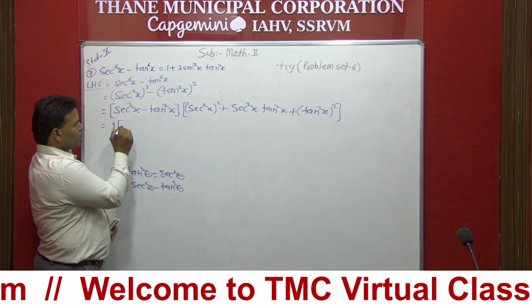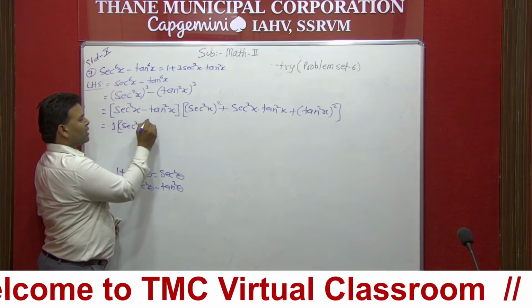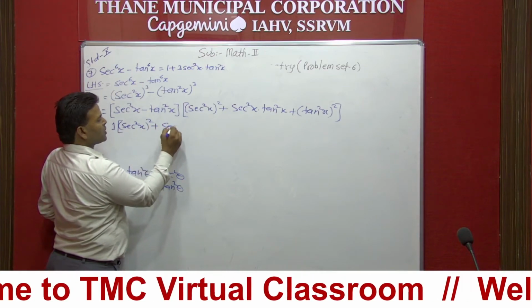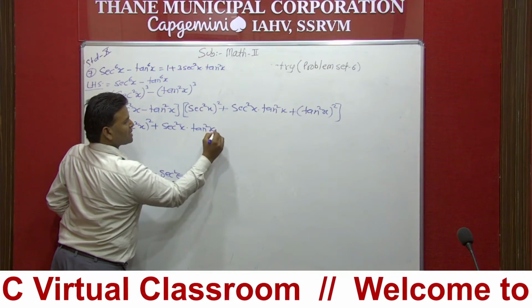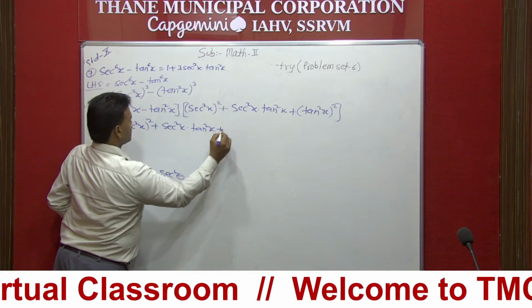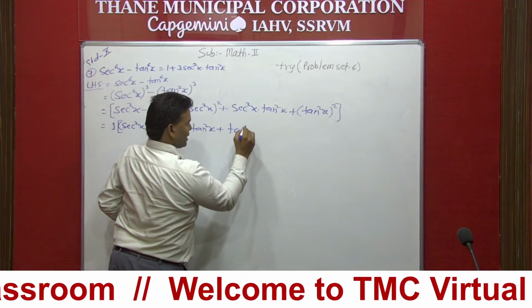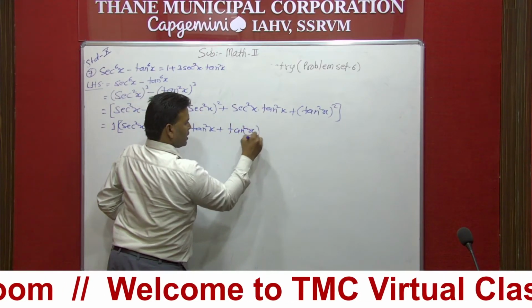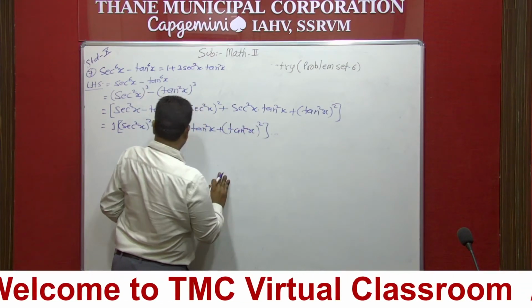Okay. So here sec square x the whole square plus sec square x tan square x plus, same thing, this one as it is, no need to square, bracket close. But here we will write down the reason. What reason are we going to write?